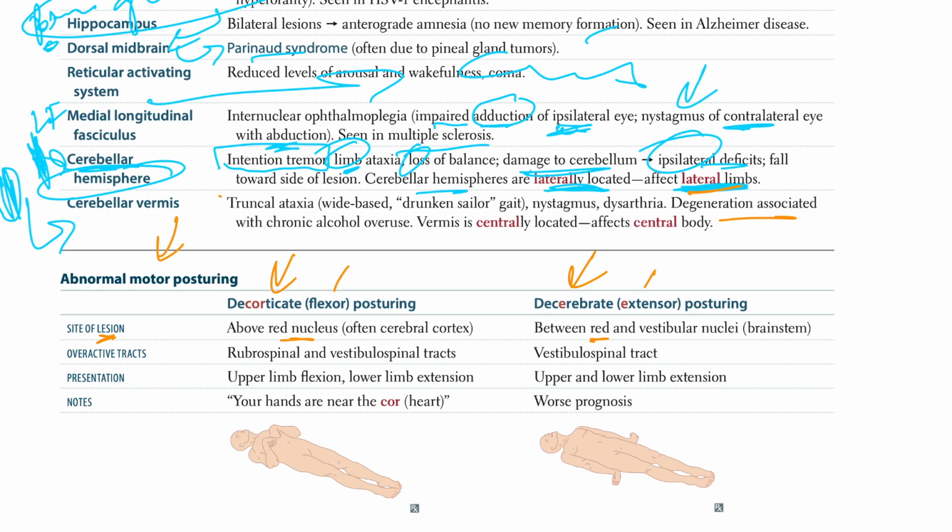Overactive tracts are going to be the rubrospinal and vestibulospinal tracts. Presentation is upper limb flexion, lower limb extension. So if you look at the lower limb, it's extended. If you look at the upper limb, it is flexed. Flexion is when you have two areas of the body close together. And when two areas of the body are far apart, that's called extension.